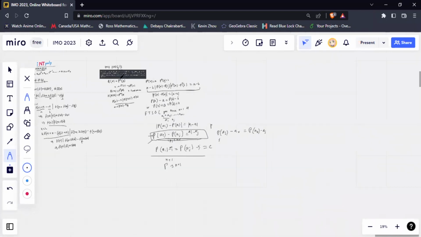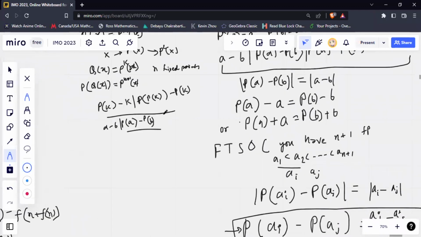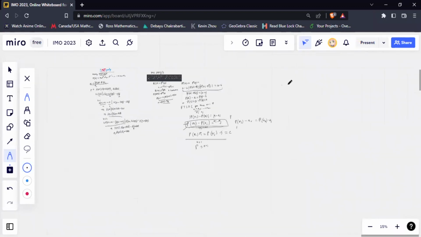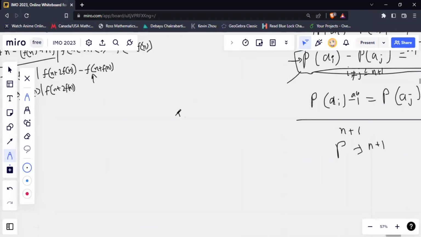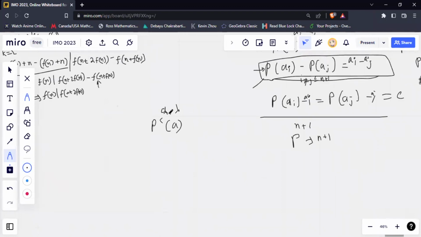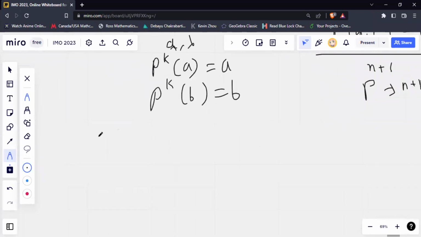So we have our magical property: a minus b divides p of a minus b, right? Now suppose we have two fixed points a and b. This is true by definition. But we also know that a minus b divides p of a minus p of b.